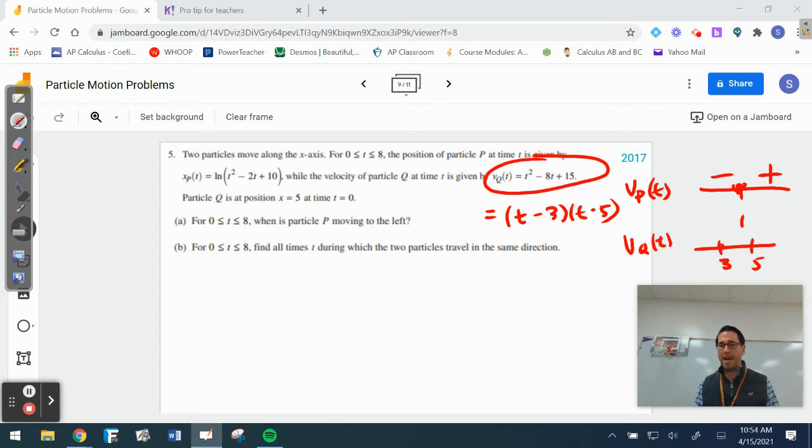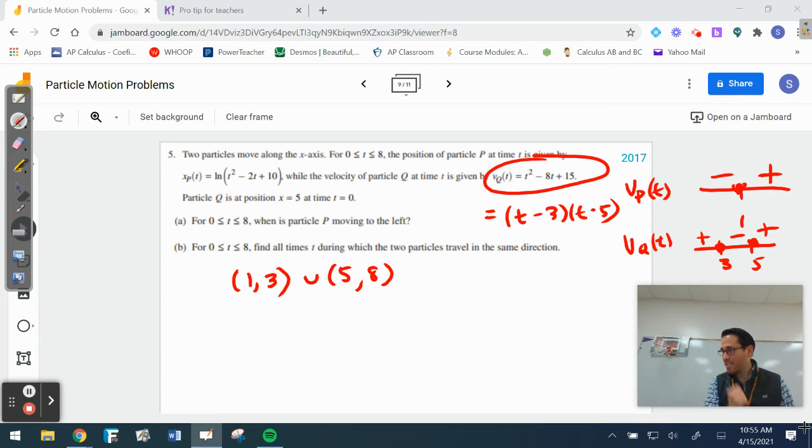You get a 3 and a 5. Whenever it looks like that, it's always plus, negative, plus, and I want to know when they're in the same direction. So they'll be in the same direction when they're both negative or they're both positive. They're both positive from 1 to 3 and union 5 to 8, right? Let me make sure that I get it right.